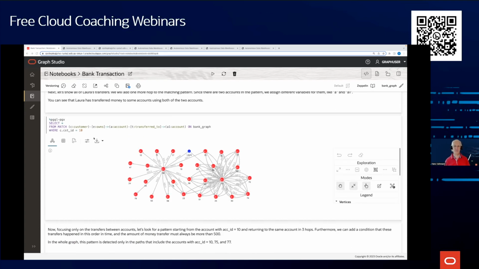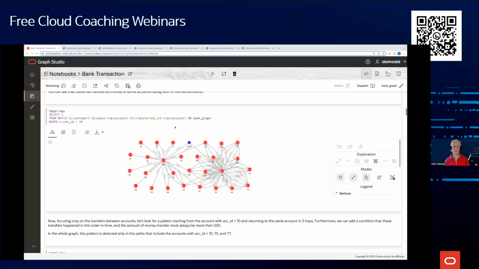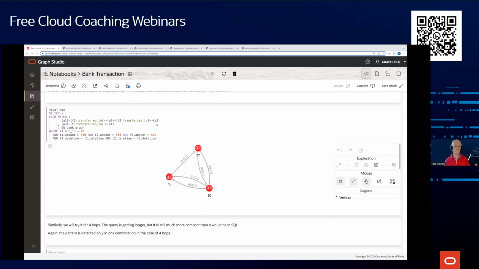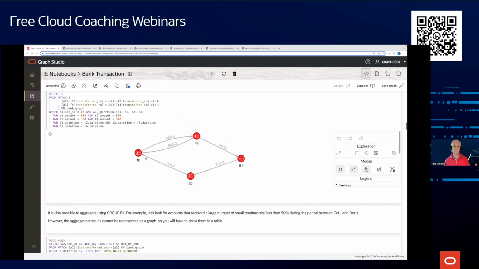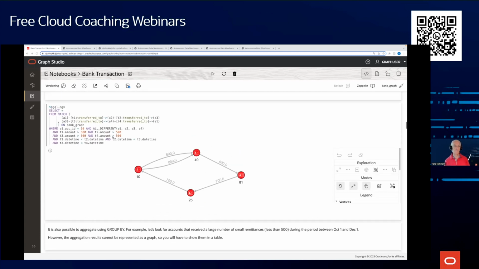Okay, let me move back to this notebook. And as we have seen, we can write a PGQL query with graph pattern matching, and then having that syntax, we can query for circular patterns like these 3-hop circular patterns with $500 money transfer each. And how about 4 hops? Yep.